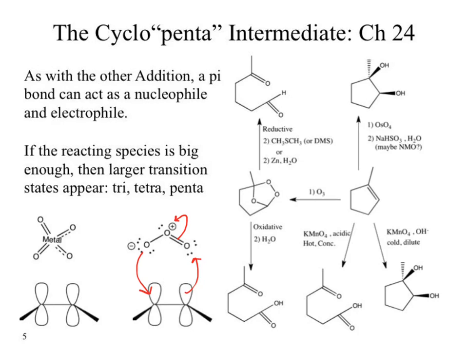If you see OsO4 and an alkene, you give me a syn diol, or sorry, a cis diol. If you have an alkene and permanganate that is cold, you give me a cis diol. You are ultimately only responsible for knowing what the answer is out of all of these. And I know some people don't like that, particularly in a class where we're pushing mechanism and understanding how and why.